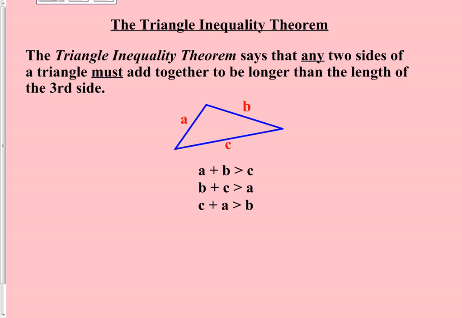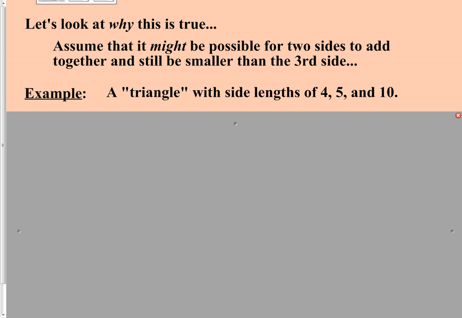Okay, so let's take a look at the background behind this rule, and why it is true. For a moment, let us assume that it might be possible for two sides of a triangle to add together and still be smaller than the length of the third side.